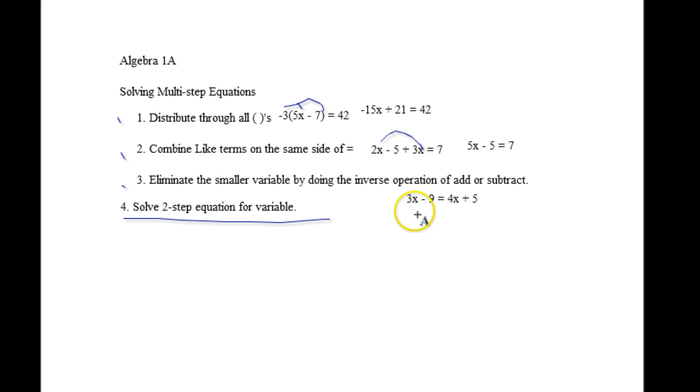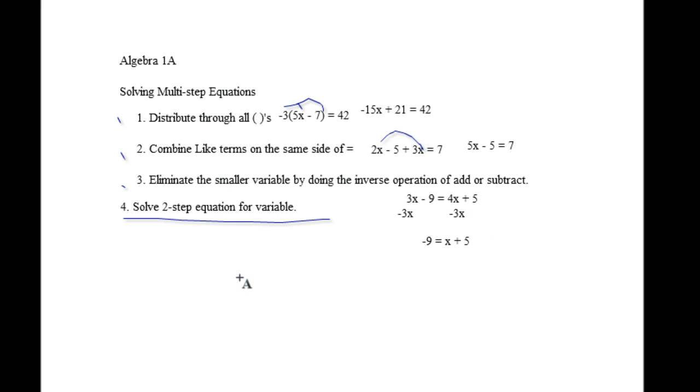So eliminate the smaller variable. 3 is smaller, so I would subtract 3x from both sides. Why? Because it's positive 3x, and that's the only way to get rid of it. And what do I have left? I have negative 9 equals x plus 5. Voila, now I have a 1-step equation. Normally that doesn't always happen, but sometimes you do get that.